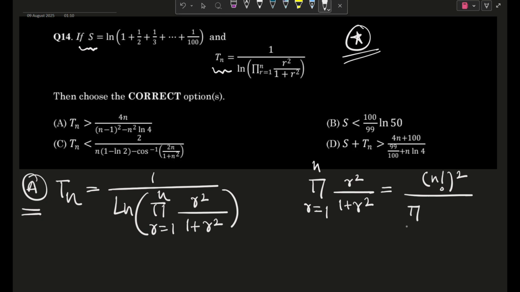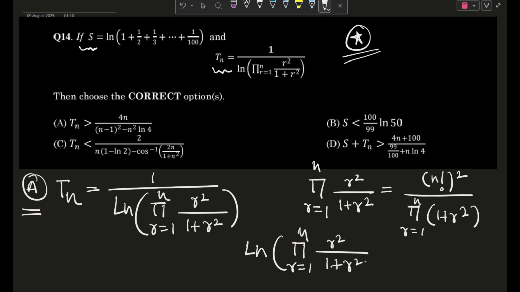And in the denominator, the product from r equals 1 to n of 1 plus r square. And now we have ln, so we will take ln on both sides. So the LHS will be ln of the product of r square by 1 plus r square, and the right hand side will come out to be 2 times ln n factorial, and this will actually become minus of sigma, because you know that when we take ln of a multiplicative factor, it changes to a summation.